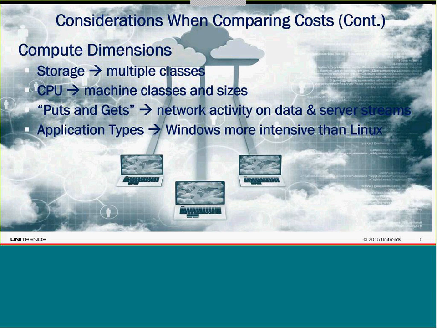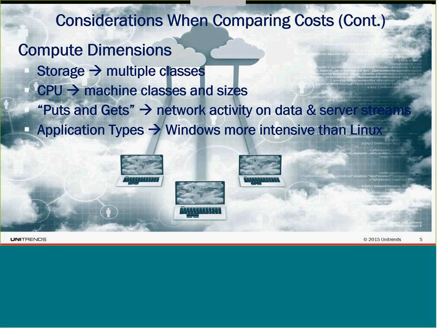And then finally, as you get into the details of which machines you're going to move to the cloud, you really need to start looking at CPU, puts and gets, and application types as dimensions in how you're going to estimate your costs. In storage, there are multiple storage classes, even within a single cloud provider. For example, AWS offers a simple storage service, S3, that has two classes, an infrequently used and a regular S3 class.